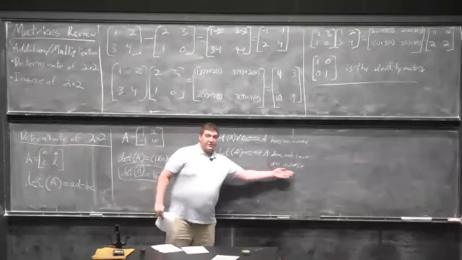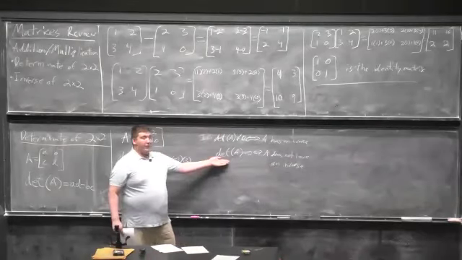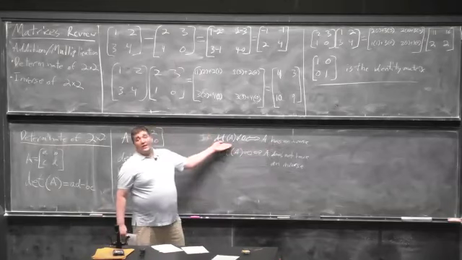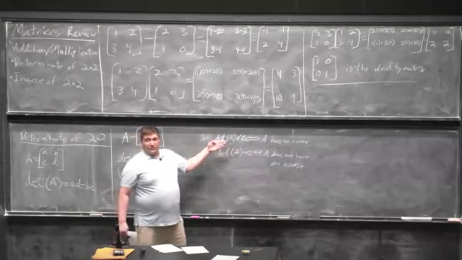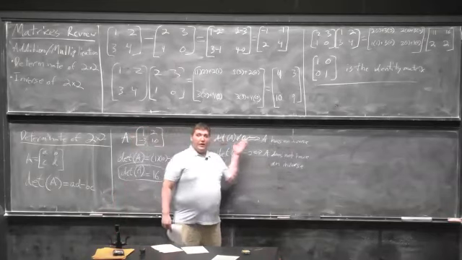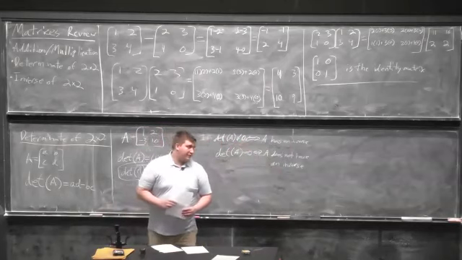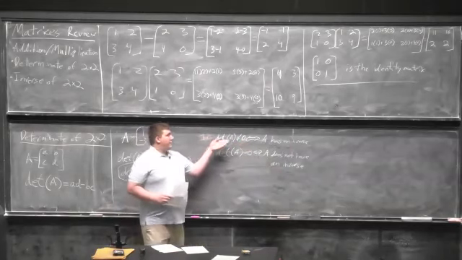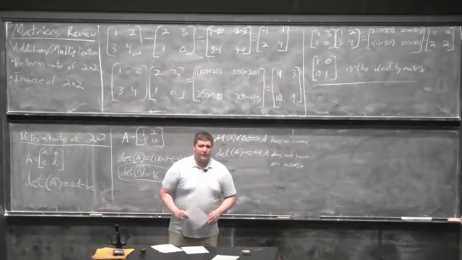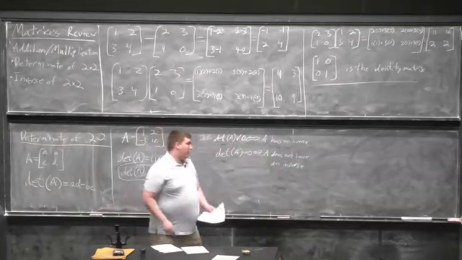So if it does not have an inverse, the determinant is equal to 0. If it has an inverse, the determinant is not equal to 0. If the determinant of a matrix is 0, it does not have an inverse. And similarly, if the determinant is not 0, it has an inverse. How can we state this so confidently? Well, through the inverse formula.